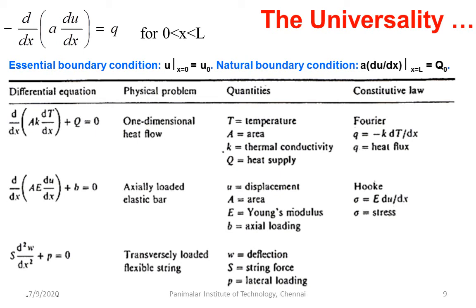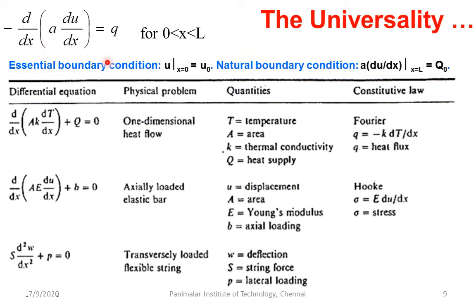Here it is shown: d by dx of A du by dx equal to q, the domain is 0 to L, the essential boundary condition is the value of u at x equal to 0, and the natural boundary condition at x equal to L is the derivative, A multiplied by du by dx, equal to Q naught. So this is the mathematical model.